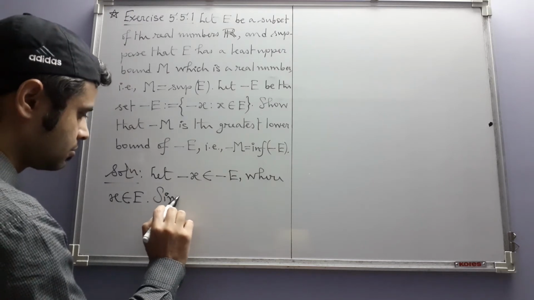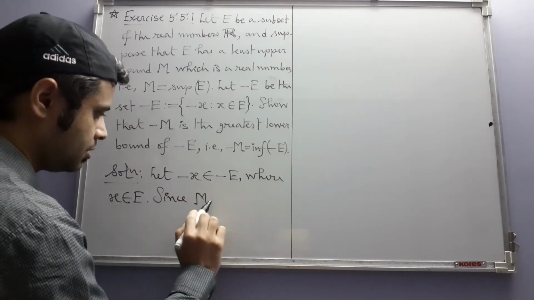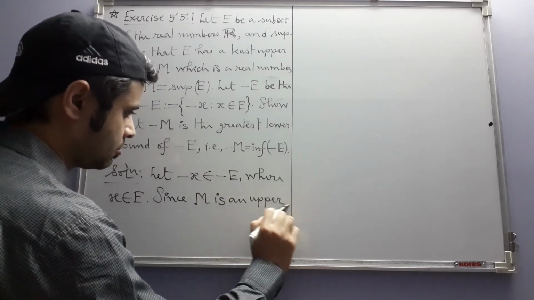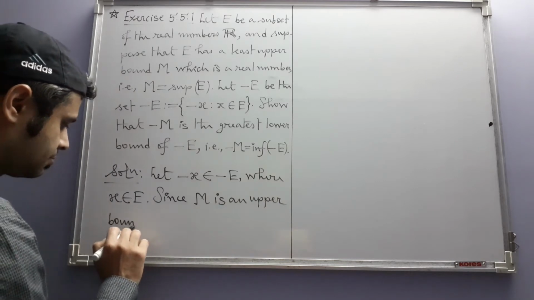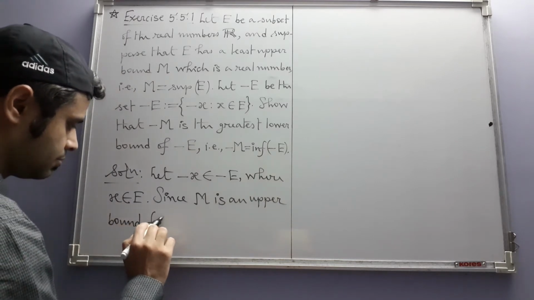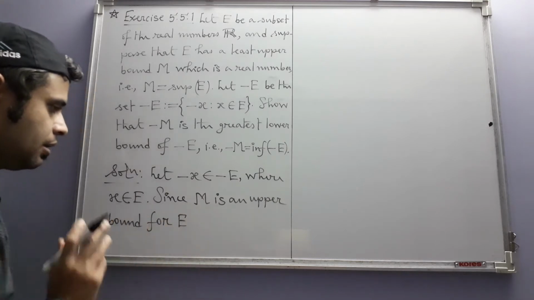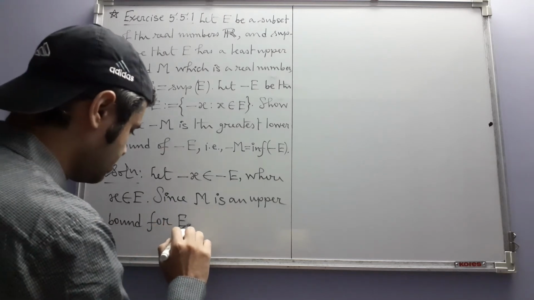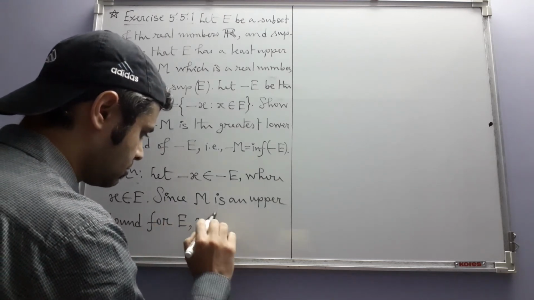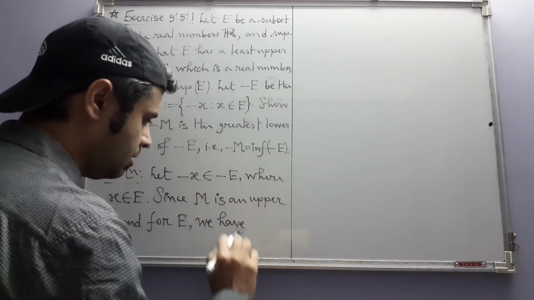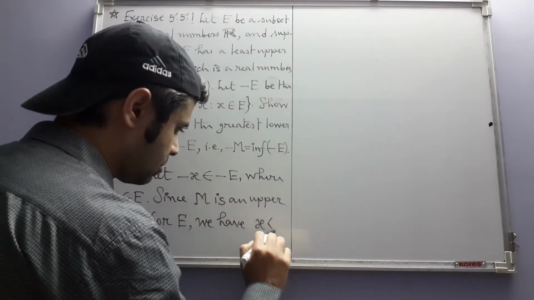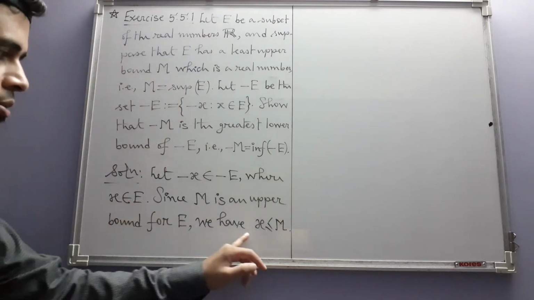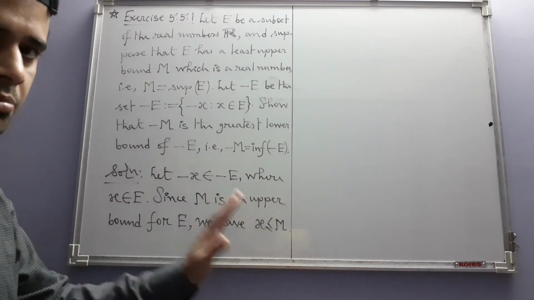Since m is an upper bound for the set E. M is the least upper bound, that's fine, but after all it's an upper bound. We have x less than or equal to m, because x is an element of E, so x should be less than or equal to this upper bound m.